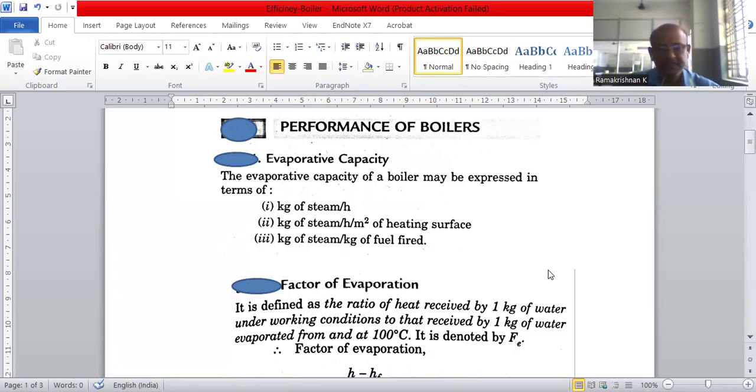The third method is the amount of steam generated per kg of fuel fired, that is kg of steam per kg of fuel fired. So the evaporative capacity can be expressed in these three ways.